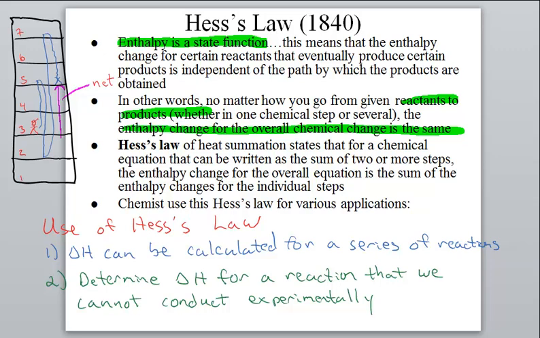There's just some reactions that you cannot perform experimentally. You can't start from these reactants to form those products for different reasons. We can use the concept of Hess's law to help us determine that energy change for a reaction that cannot be done experimentally. So let's go a couple slides forward and see some examples of that.